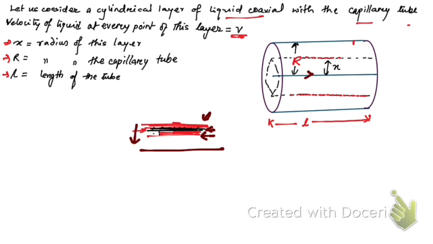If you imagine the liquid consists of many layers, then the layers towards the center are moving faster. That's what I am trying to explain.